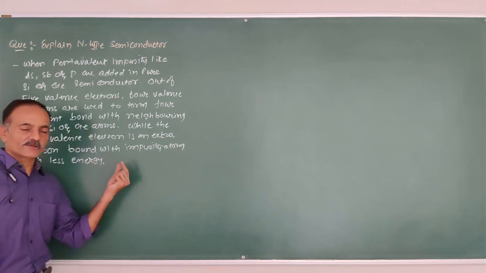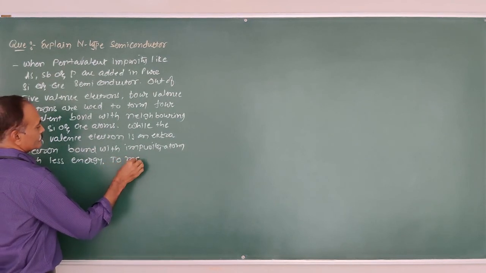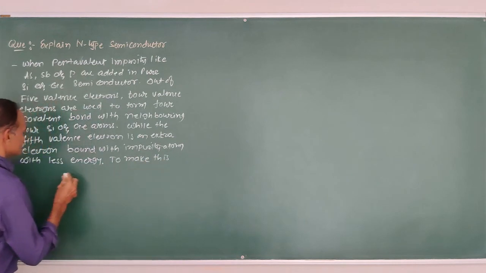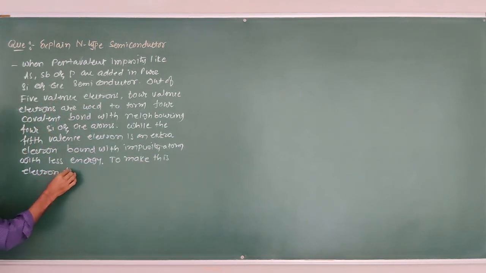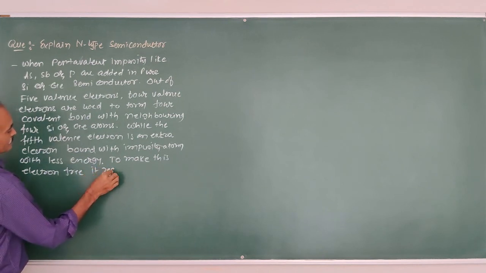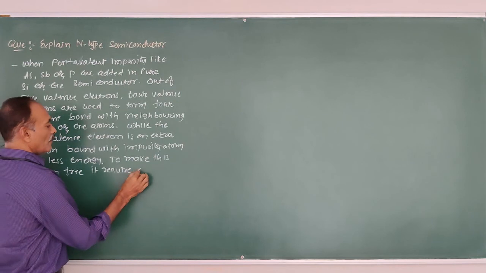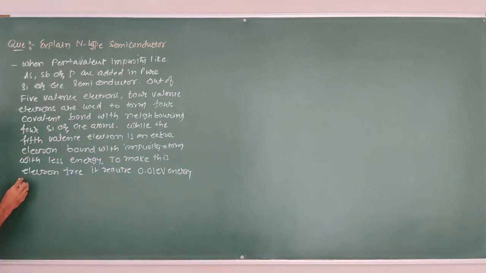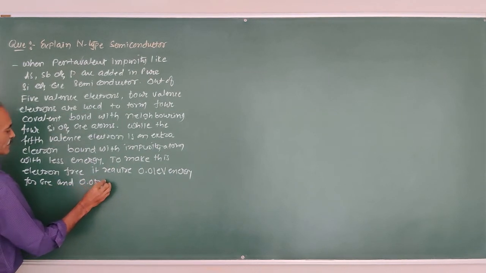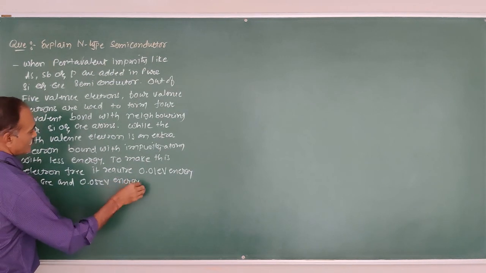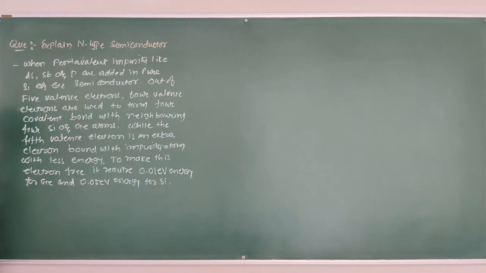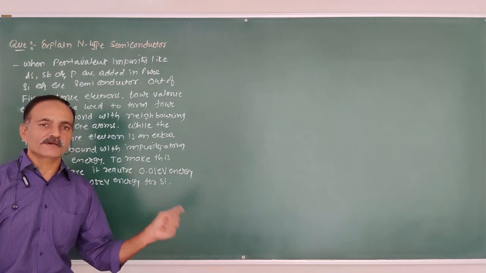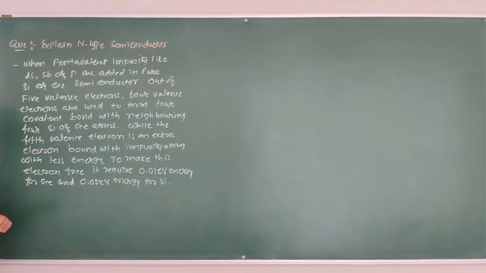To make this electron free, it requires 0.01 electron volt energy for germanium, and 0.05 electron volt energy for silicon. When this 5th electron gets this energy, at that time this electron becomes free or separate from the impurity atom.